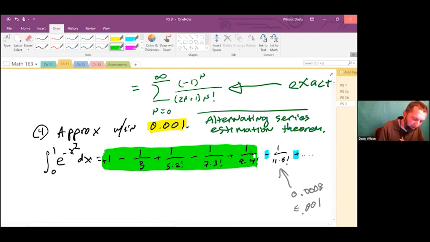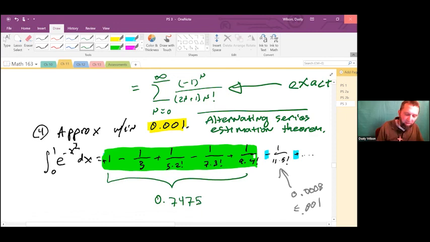All that is equal to 0.7475, plus or minus the next term out, which I think we already found, was 0.0008.